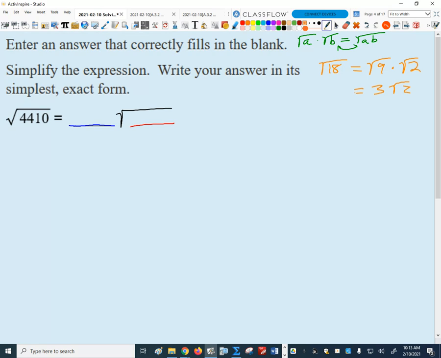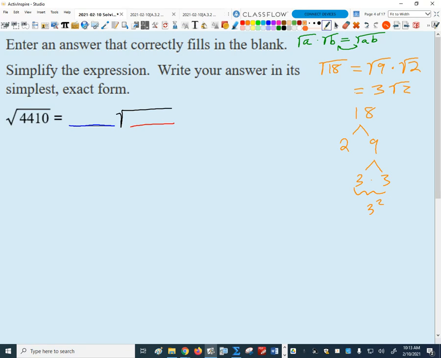Well, another way we could have thought about this would have been to say, okay, let's take 18 and break it up into its prime factors. Okay, well, I could take out a 2 times 9, and 9 breaks up into a 3 times 3. Well, look, a 3 times a 3 is the same thing as a 3 squared, right?